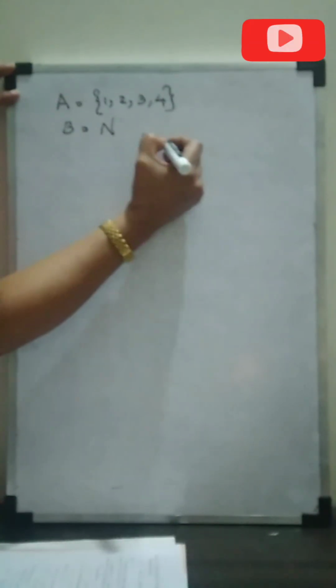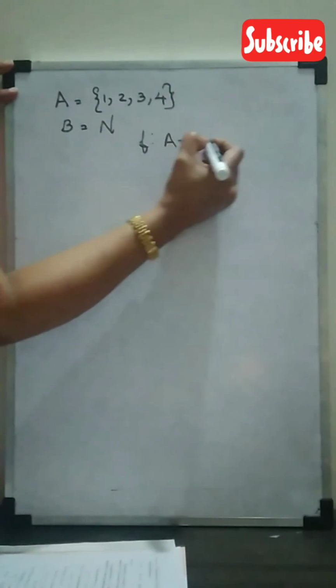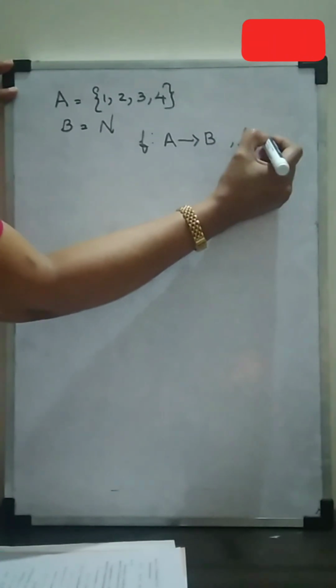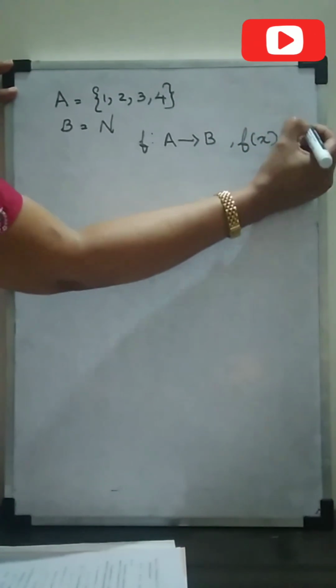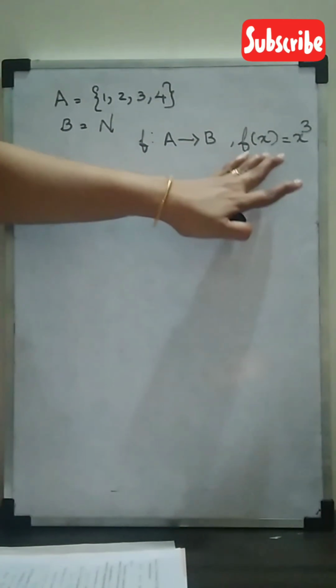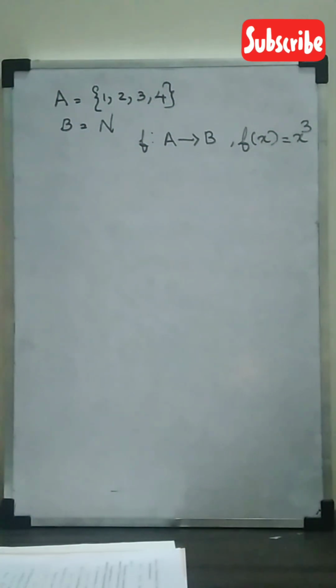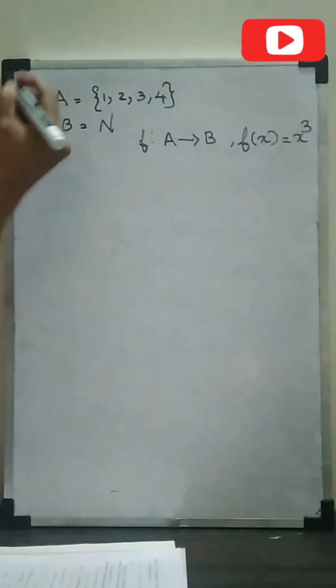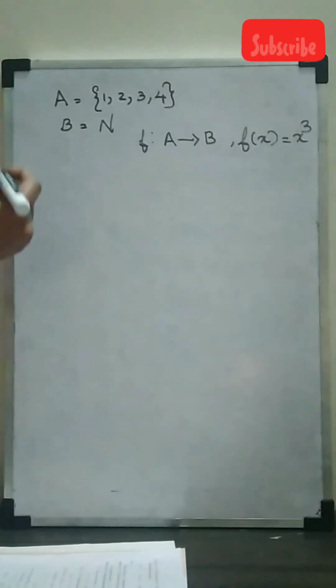And our function from A to B is defined by f of x is equal to x cube. Okay. Function from A to B is defined by f of x is equal to x cube னு கொடுத்திருக்காங்க. இனி இந்த function ஓட range நம்ம கண்டுபிடிக்கணும். Okay. So first எப்படி கண்டுபிடிக்கிறது? Easy தான். f of x கண்டுபிடிக்கலாம்.